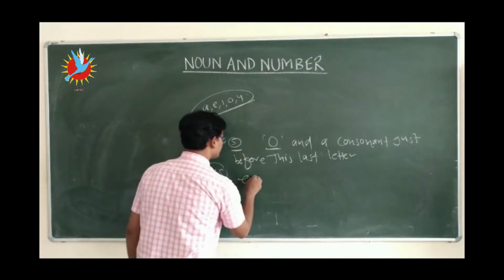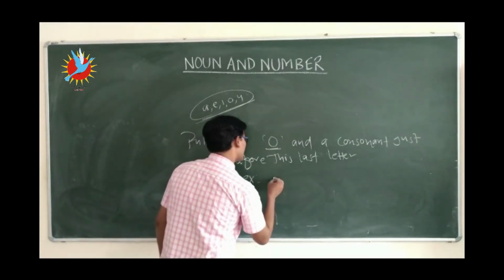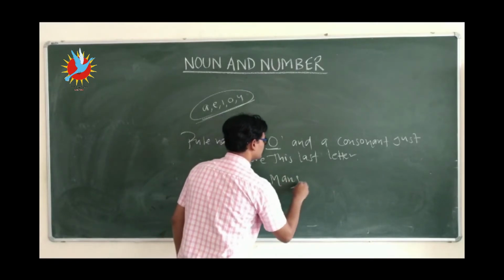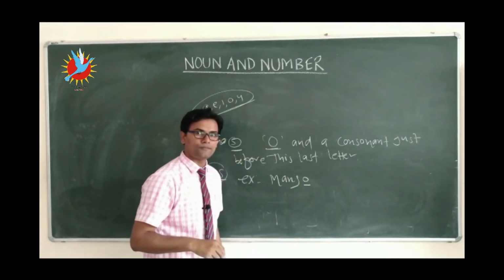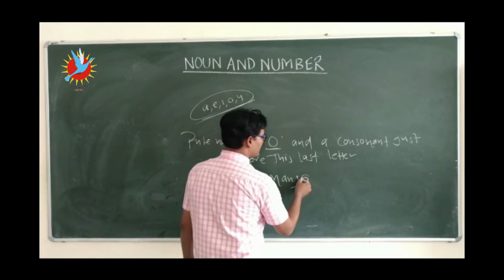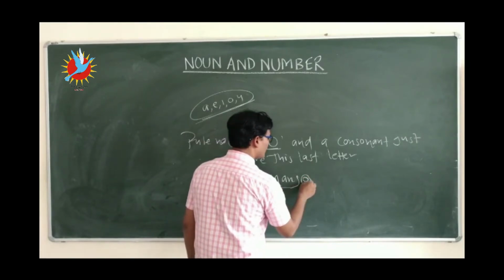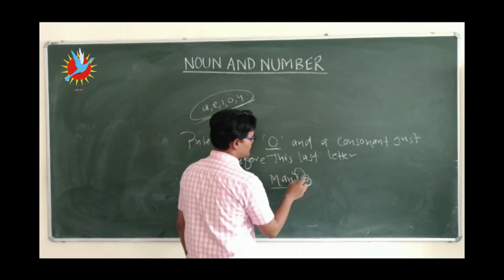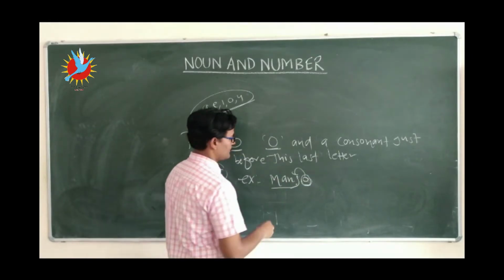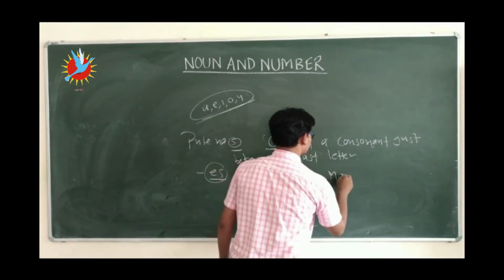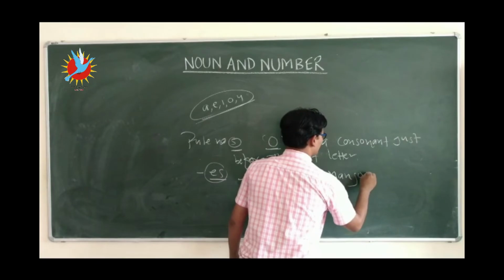For example, mango. So here, the last letter of this noun is O, and there is a consonant letter just before this O. So add ES here, mangoes.